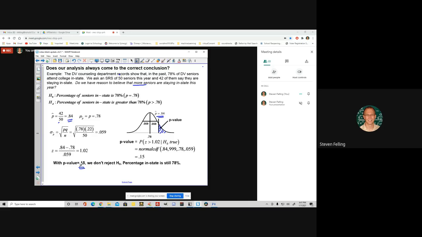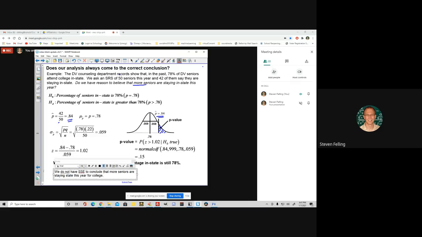To be more precise, we would say, therefore, we do not have sufficient statistical evidence to conclude that more seniors are staying in state this year.